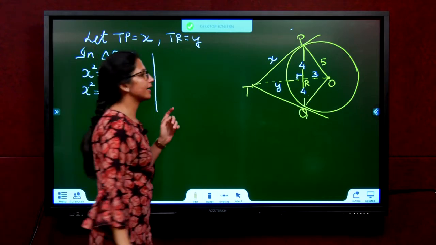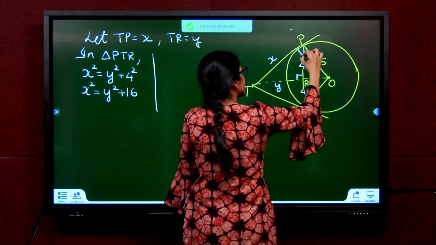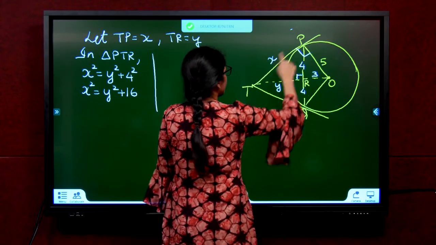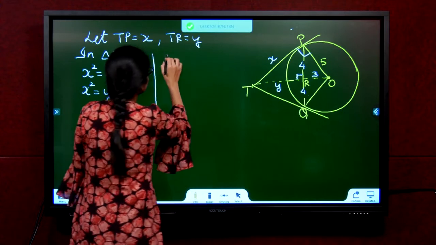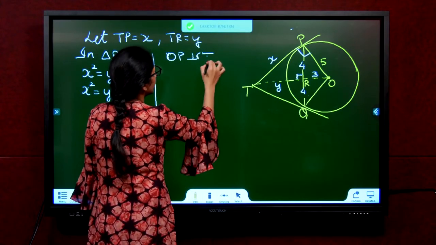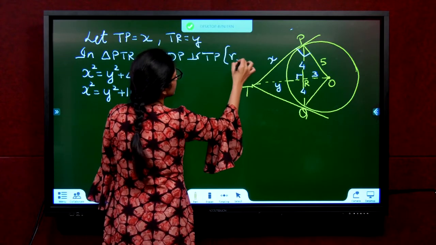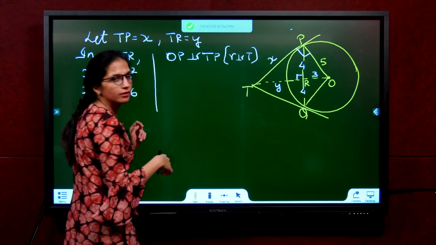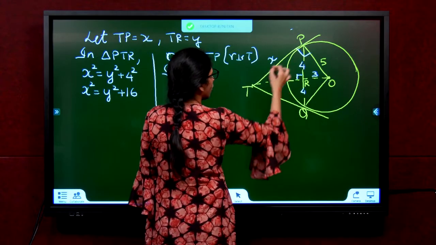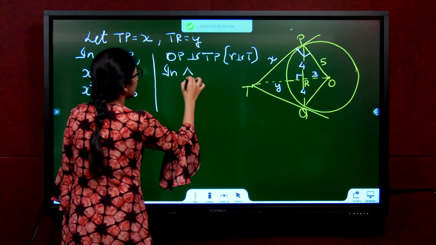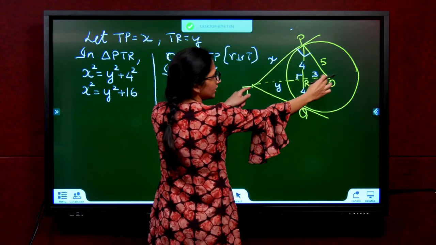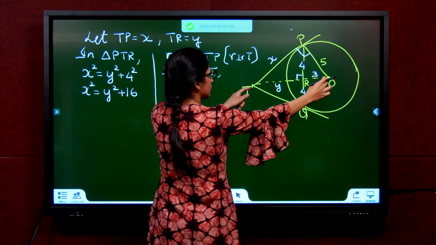Is there any other right angle triangle you can see? This is a right angle. Why? OP is perpendicular to TP. Why? Radius is perpendicular to tangent. Yes. So now in triangle OPT, if this is 90, this whole thing is the hypotenuse. What is this whole thing?